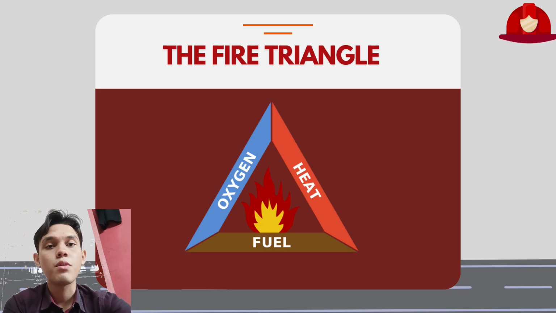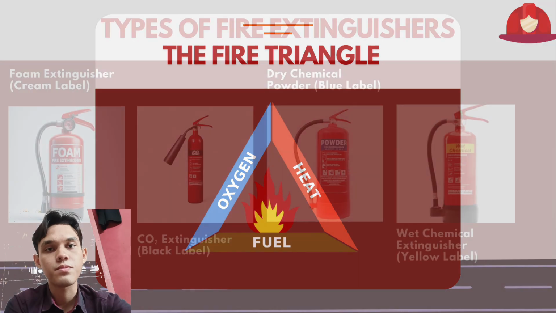And three, dry chemical powder interrupts the chemical reaction between heat, fuel, and oxygen. So the main goal of APAR is simple: to break the fire triangle and stop the fire before it spreads. That's why understanding this triangle helps us choose and use the right extinguisher effectively.